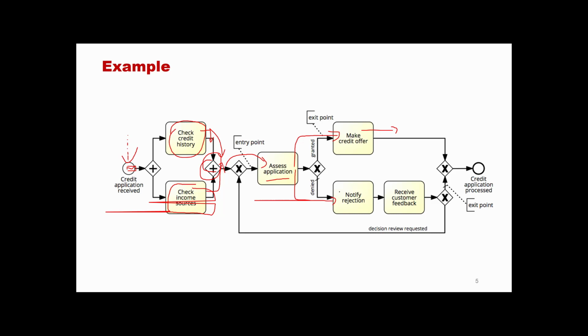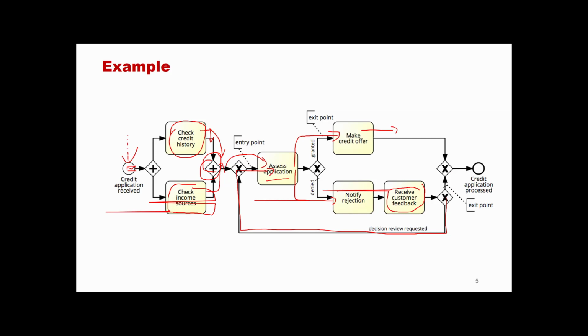But sometimes, because of lack of information, or because the credit history was unconvincing, the customer is notified of a rejection. Sometimes the rejection gives the customer an option to send back a response. When the customer does that, then the application will be re-evaluated.